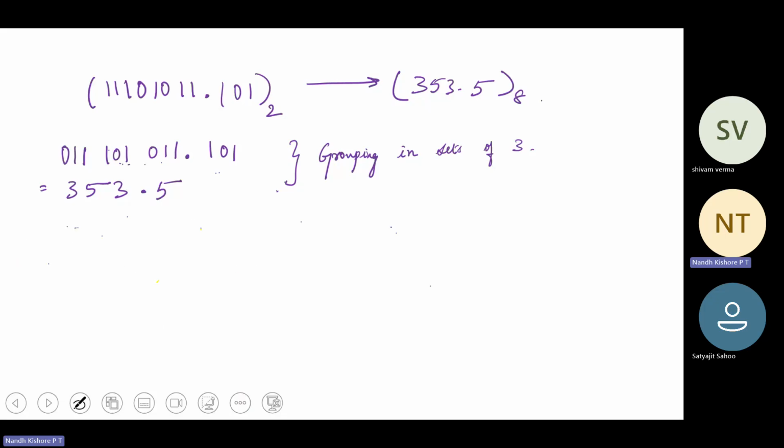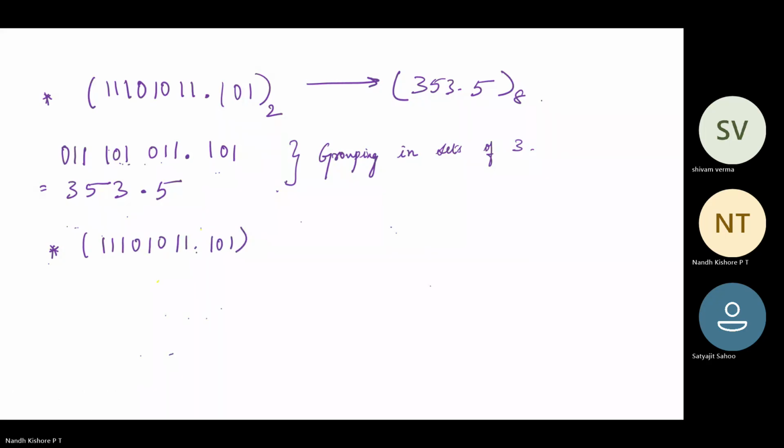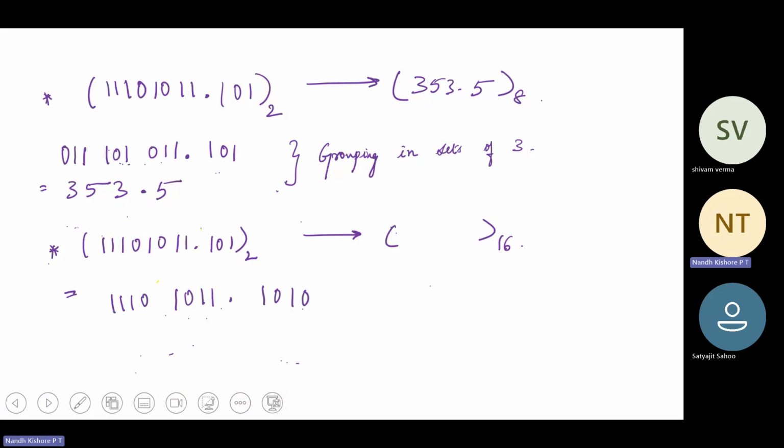And next is we group in sets of 4, for hexadecimal. Okay. So let's group in sets of 4. So 1110, 1011, then 1010. Let's add another 0. Okay.